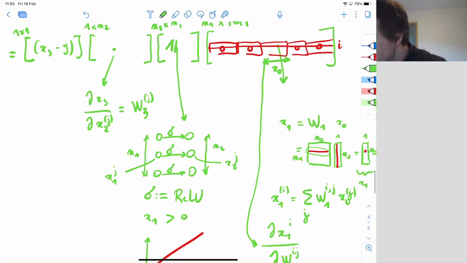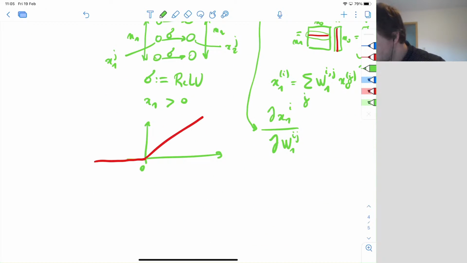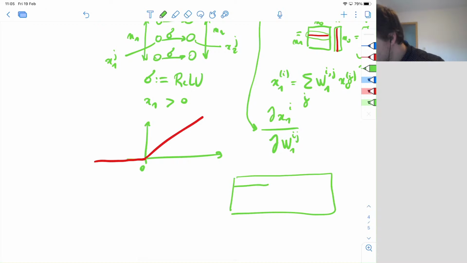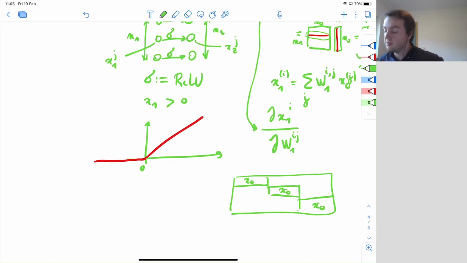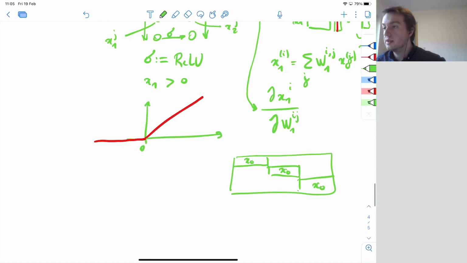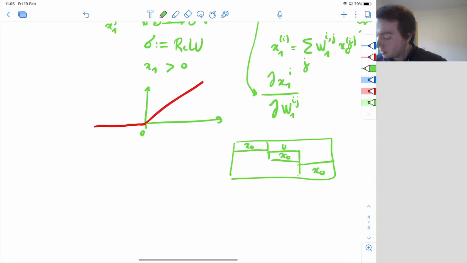So this thing here would look like a matrix in the end, which is x0, x0, x0, for example, if x1 has a size of 3. And everywhere else it would be zeros.